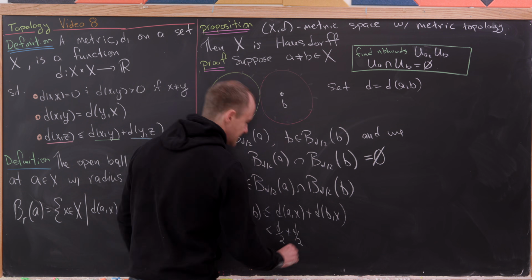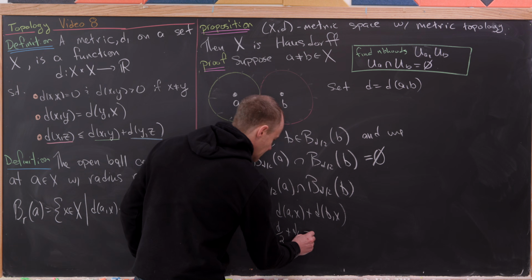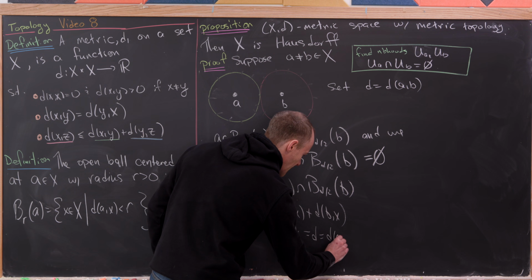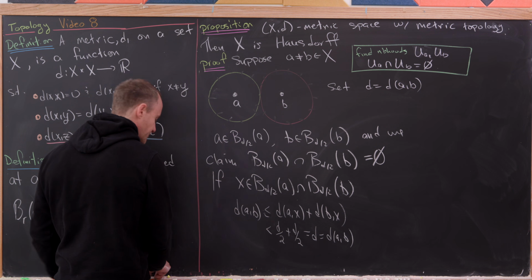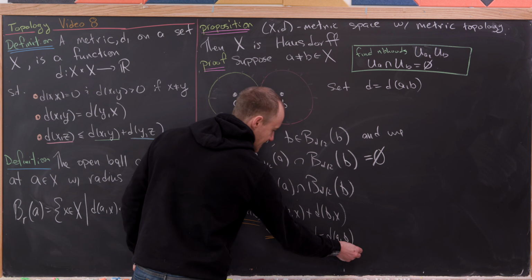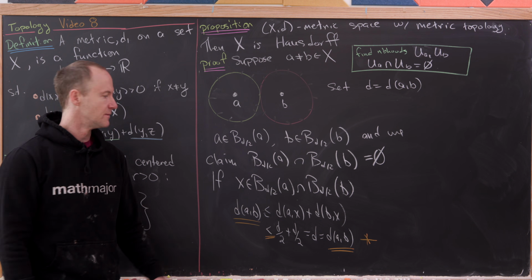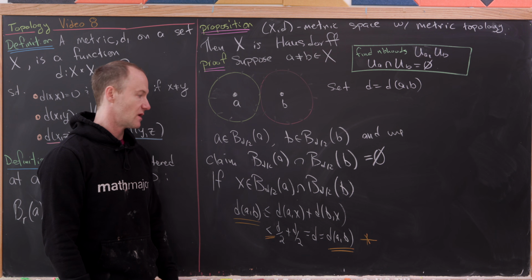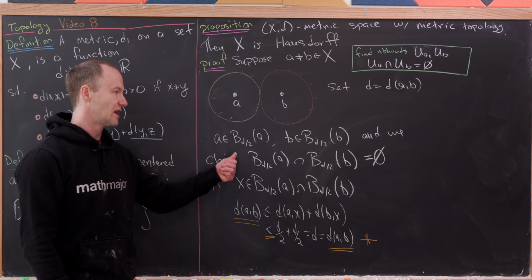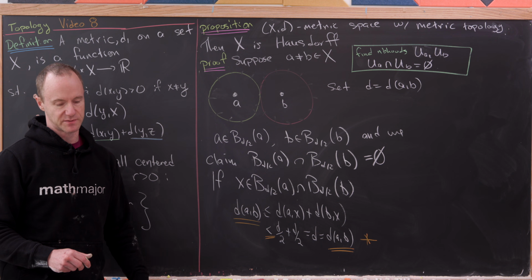And the other distance is also strictly less than D over 2. If you add those two together, you get D, which is the distance from A to B. But that's problematic because we have the distance from A to B is strictly less than the distance from A to B, which of course can't happen. Meaning we really don't have a point inside of this intersection, and thus the intersection is empty, and thus we have a Hausdorff space.